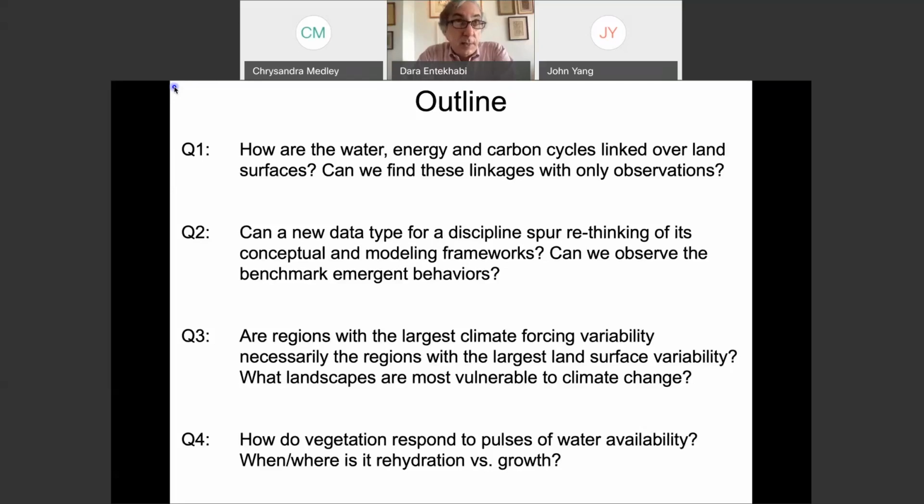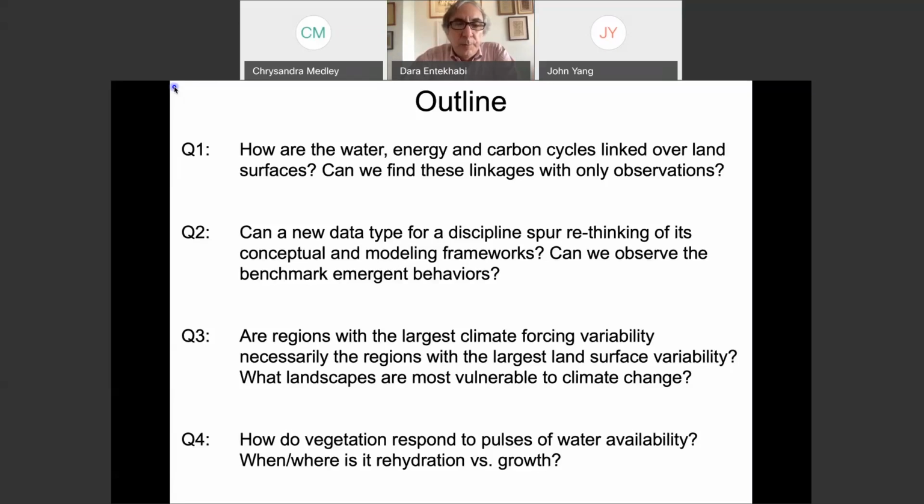It exists in every Earth system model out there. But the question is, can we observe these linkages without relying on models so that they become benchmark data sets for model behavior? Second is that as a new data type, can they spur a rethinking of the conceptual frameworks of our discipline, how water moves and is stored in the landscape?